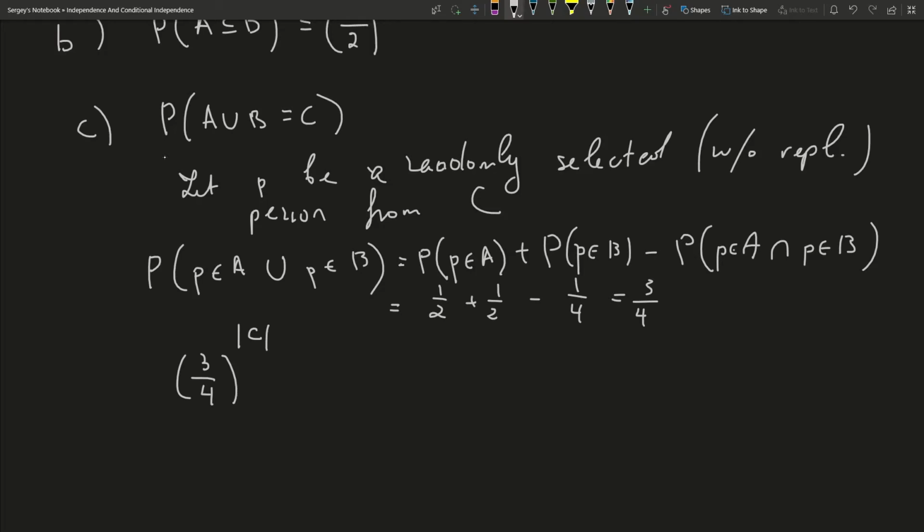So for any of the people, the probability that they're friends with either Alice or Bob is 3/4. And so the probability that they're all friends with either Alice or Bob is the product of those probabilities, the product of these 3/4. And how many of them are there? There are 100 of them, the number of people in C. So the answer is 3/4 to the power cardinality of C.